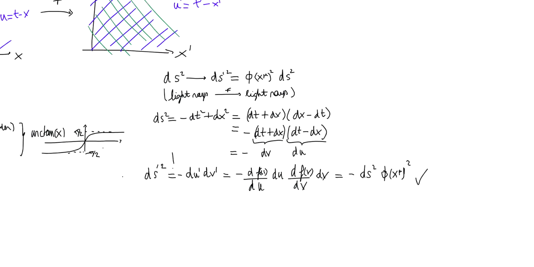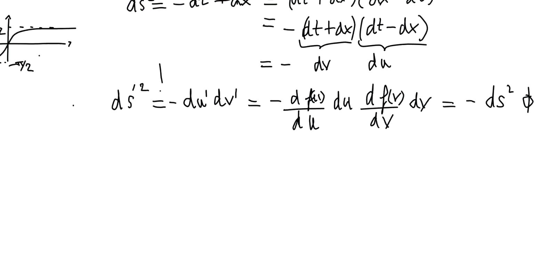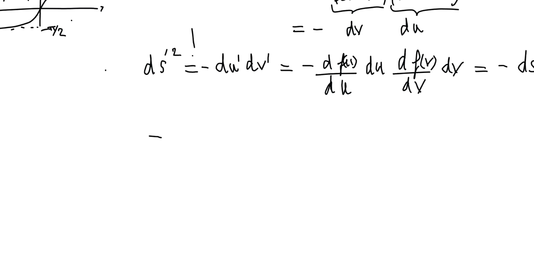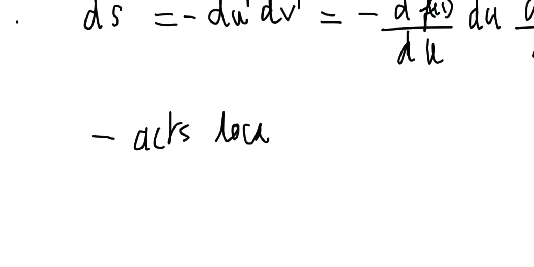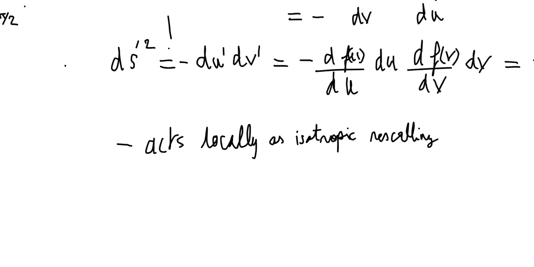We can say that Penrose diagrams or conformal spacetime maps act locally as isotropic rescaling, and that it can be seen as coordinate transformation, but I don't feel really comfortable with that explanation.